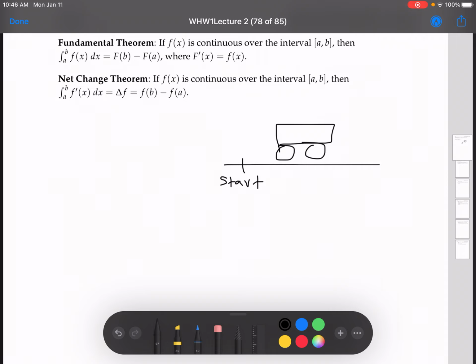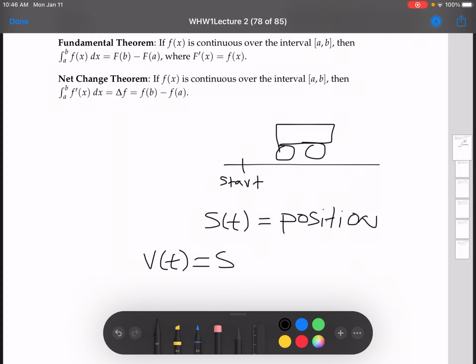S of t is the position of the cart. And v of t, which is s prime of t, is the velocity.